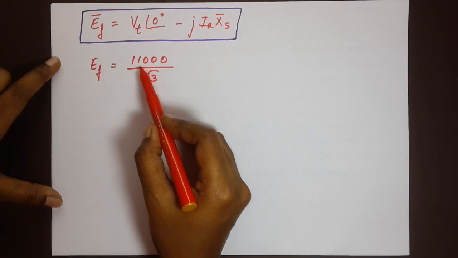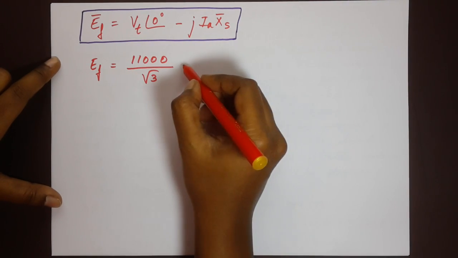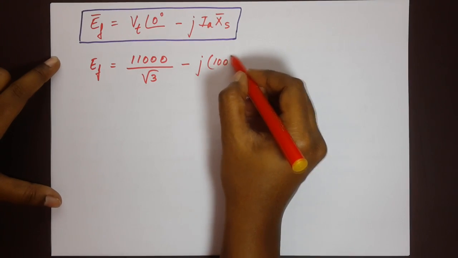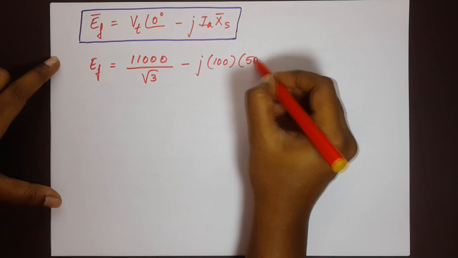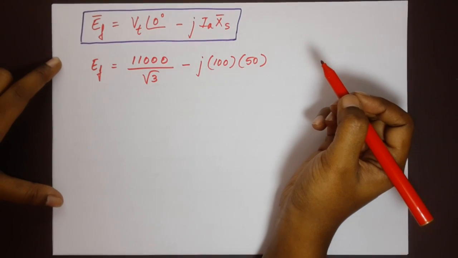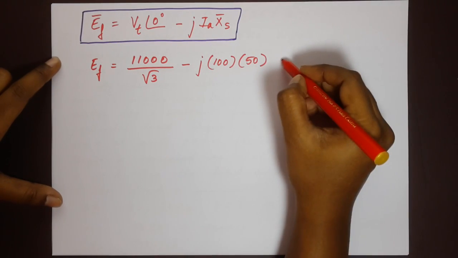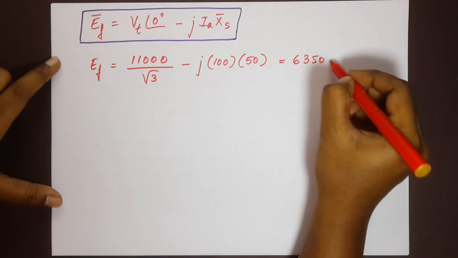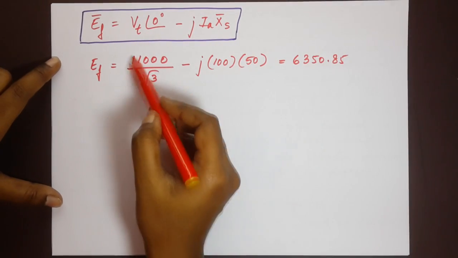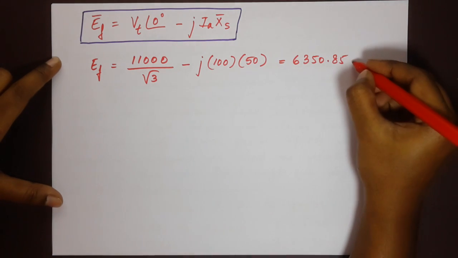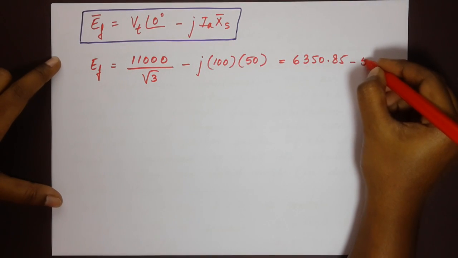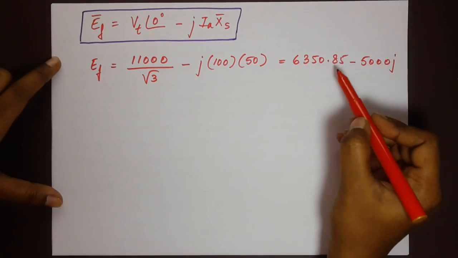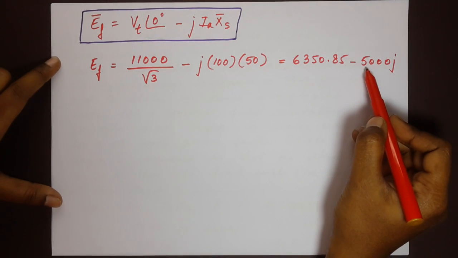So VT is 11,000 divided by root 3 minus j, current is 100 and XS is 50. Solving this, we get a value of 6,350.85, that's this portion here, minus 5,000j. We have this in rectangular form.